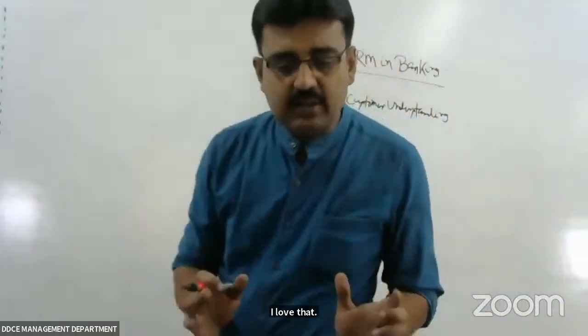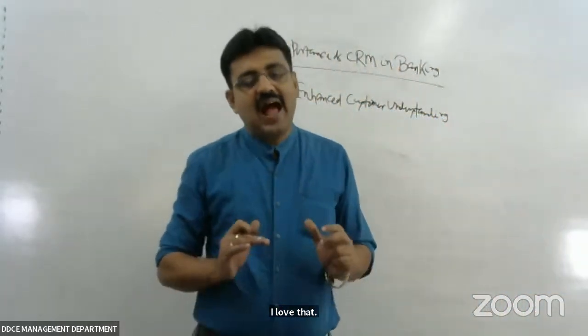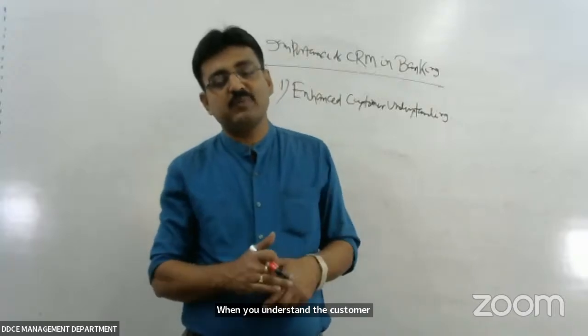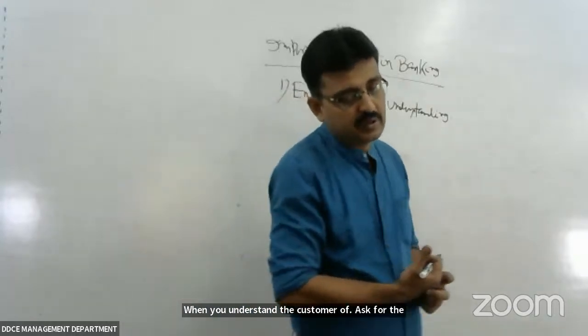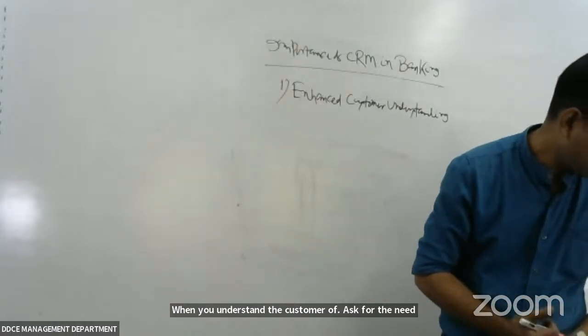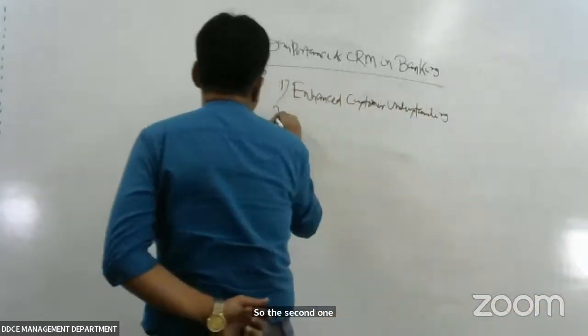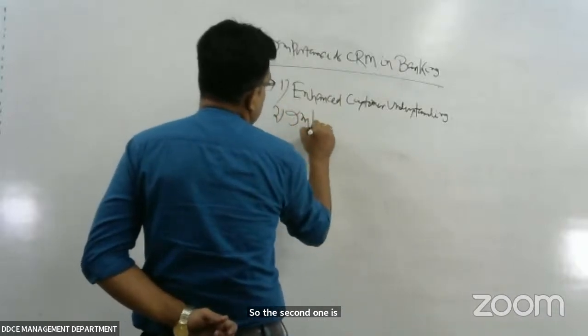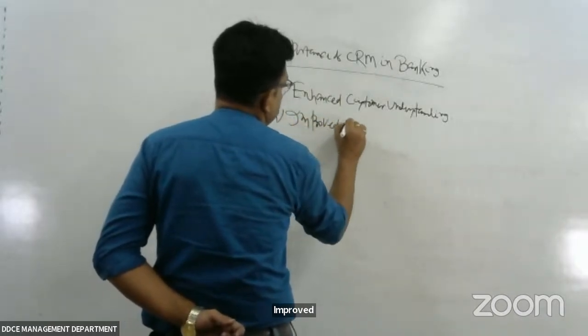When you understand the customer properly, as per the need and requirement of the customer, you can provide the services to the customer. So the second point is improved customer service.